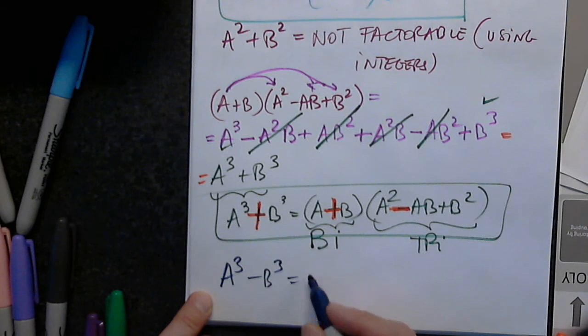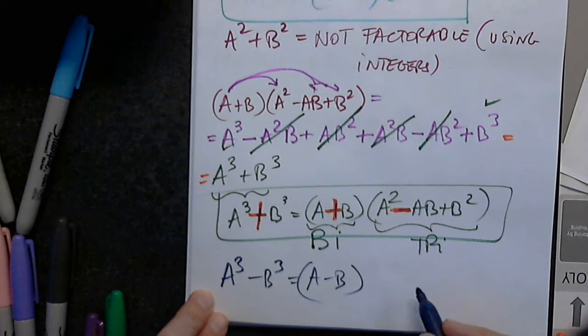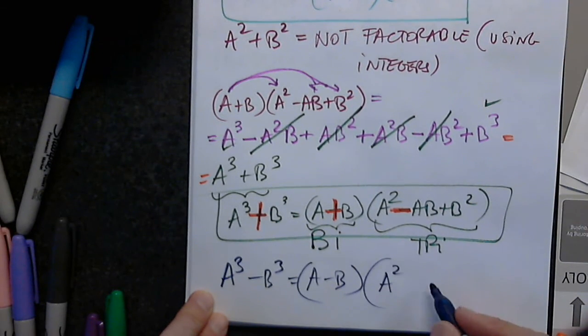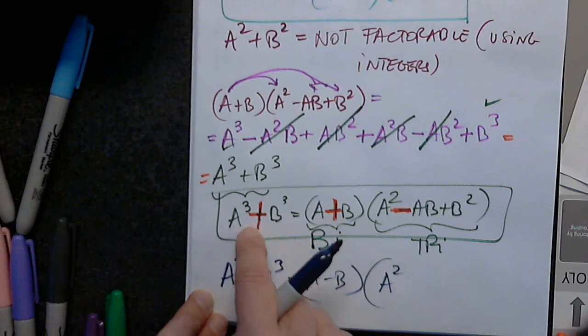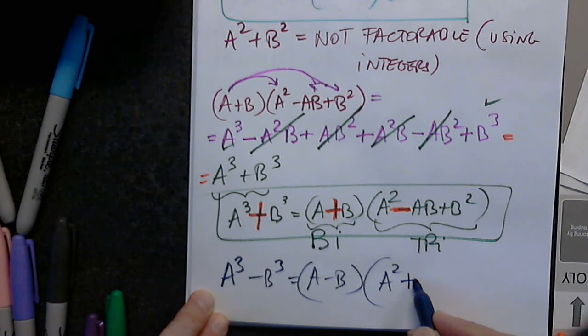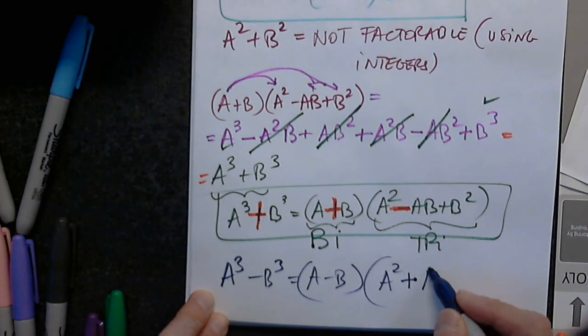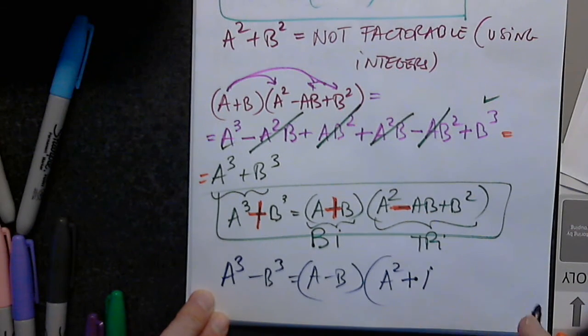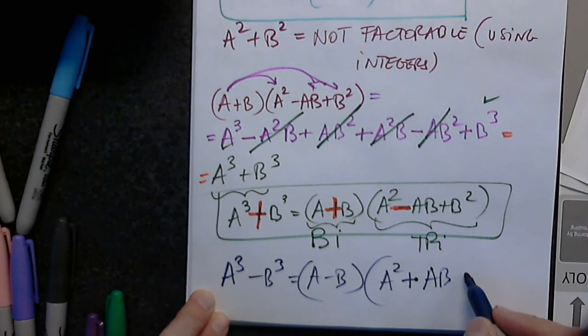Is it A minus B, in parentheses? Yes. A squared minus... If all these are minus, my terms will not go away. So if it's plus, plus, and minus, obviously minus, minus, and plus. B squared. No, I can't. It has to be a trinomial. Oh, yeah, that's right. A squared, AB, and then plus B squared.